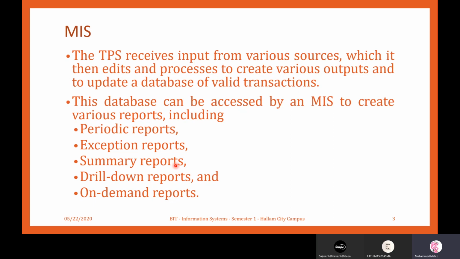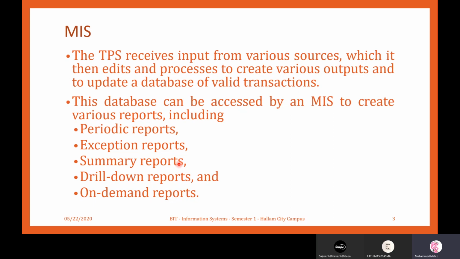So through MIS, these are the types of reports that can be generated, right? So summary report means, let's say you want to get a summary, in the sense it is straightforward. Like you have much data collected over a day or over a week or month, and now you want to see a kind of aggregation of all of it.